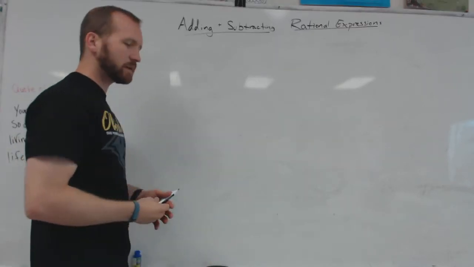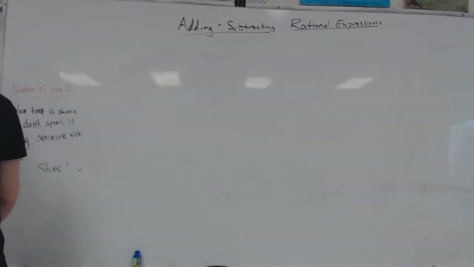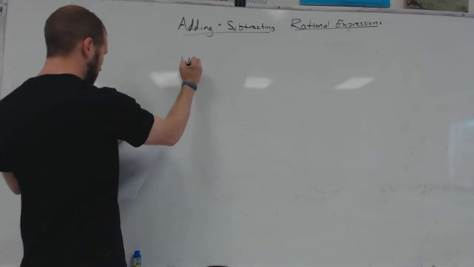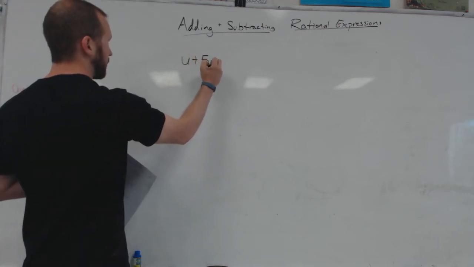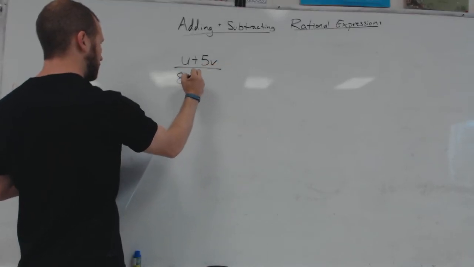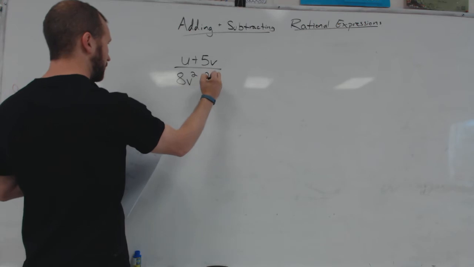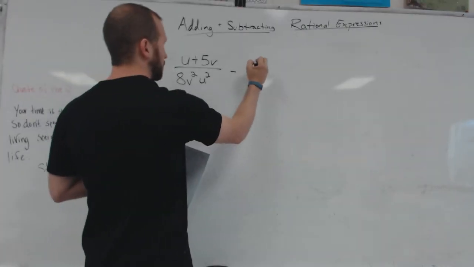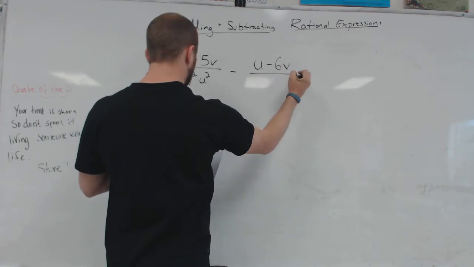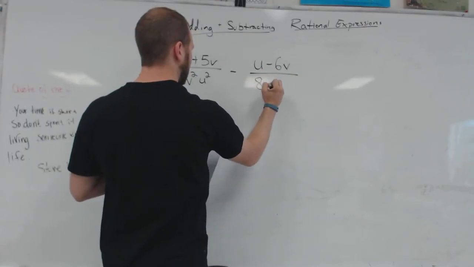Okay, so let's say I have these two rational expressions, u plus 5v over 8v squared u squared minus u minus 6v over 8v squared.